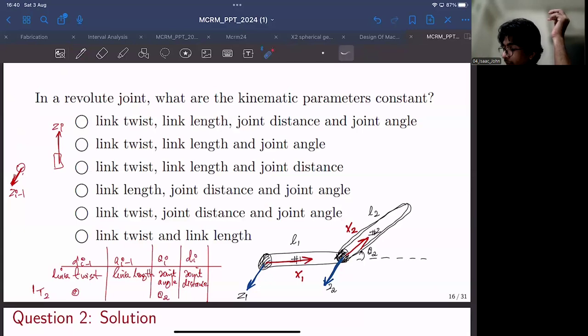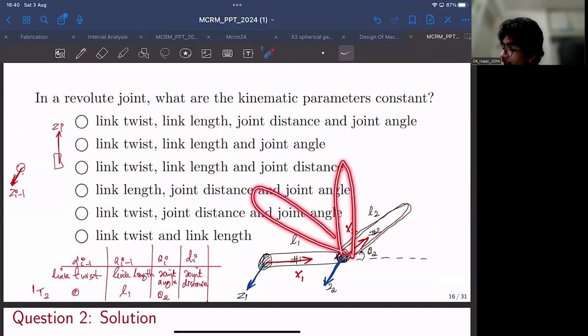And what about link length? Link length, obviously, is also going to be constant. Because it's a rigid robotic manipulator, the link length is always going to be constant. Since it is rigid, it won't be changing. And theta 2 for a revolute joint is going to change because it can rotate. At one configuration, it will be like this. At a different configuration, it will be like this.